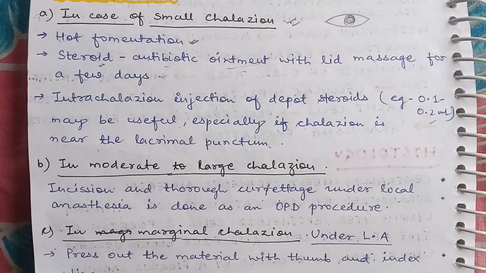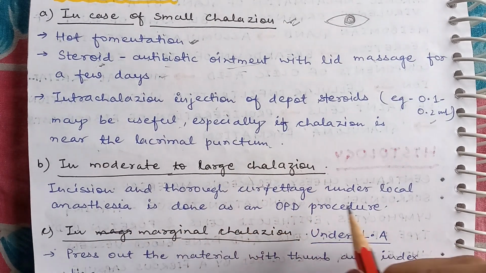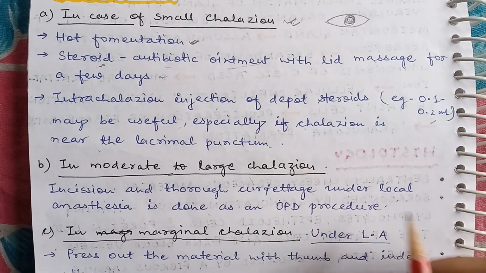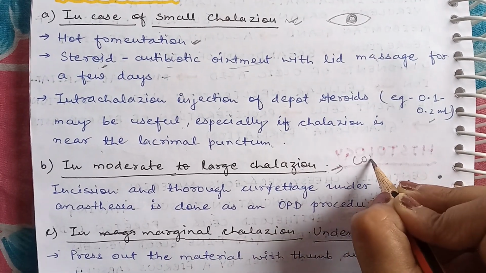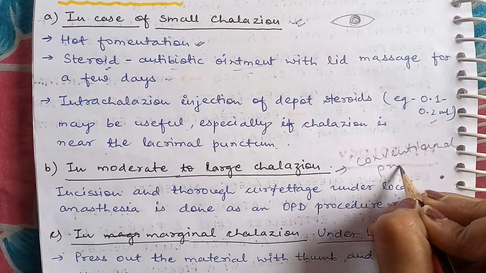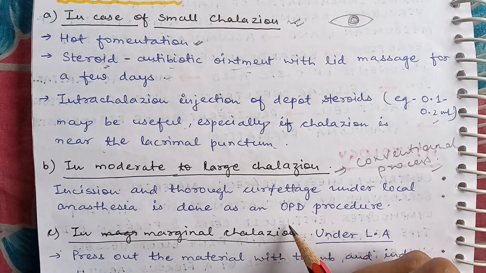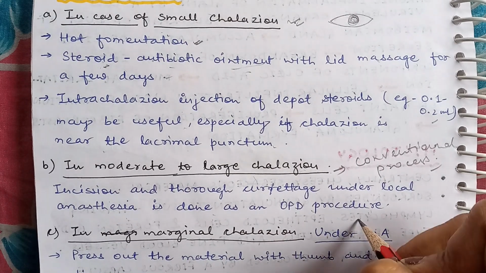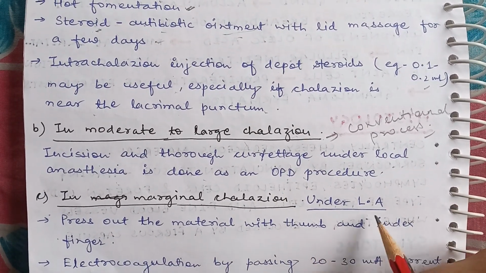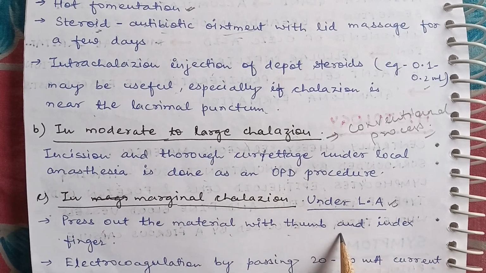Next, in moderate to large chalazion, incision and curettage under local anesthesia is done as an OPD procedure. This is the most conventional process. Next, in marginal chalazion, it is done under local anesthesia: press out the material with thumb and index finger.